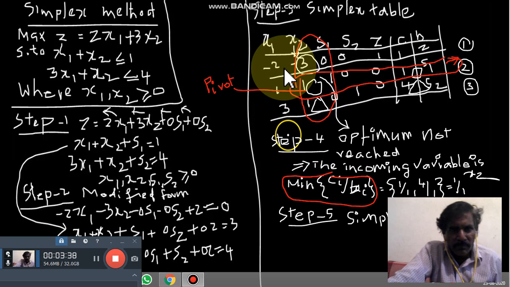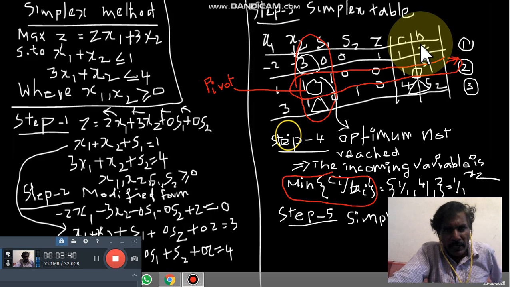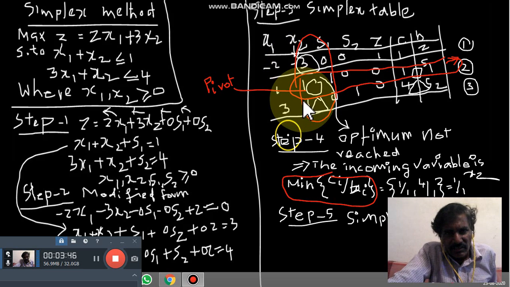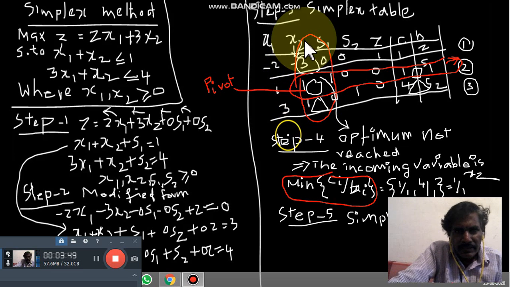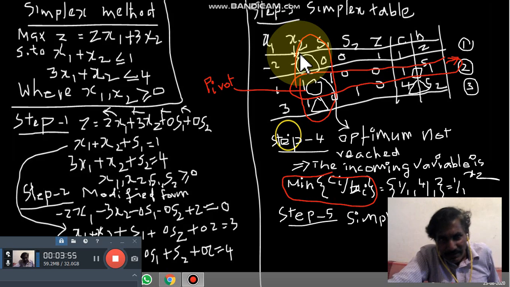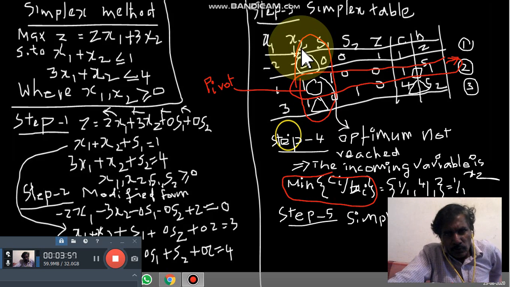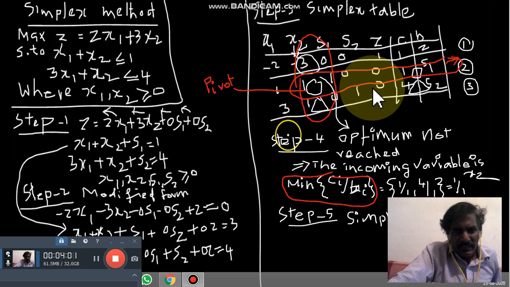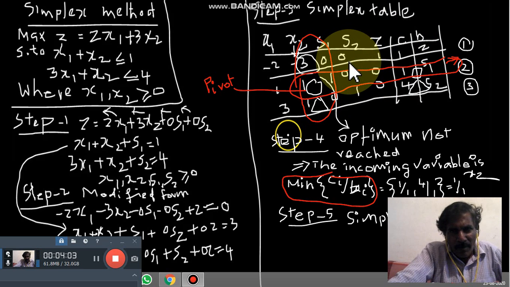The two negative numbers damage our objective. Therefore, for the maximum negative number we try to make it 0 by making this a canonical form. So the incoming variable, the variable which is going to come into canonical form, is x2. Now to bring this inside, any one of the canonical variables already existing should go out, s1 or s2 should go out.